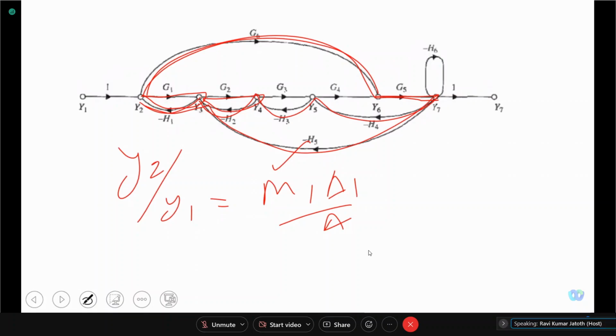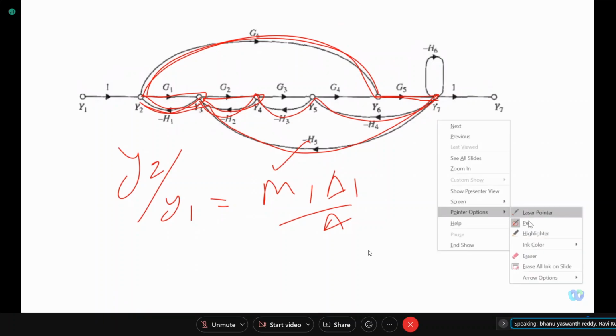And Y5, Y6, Y7 and Y5. Is there any other possibility at Y5? Y5, Y6, Y7, Y3, Y4, and again Y5. Wait.